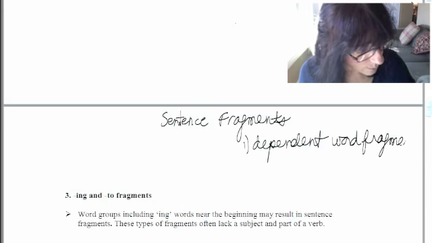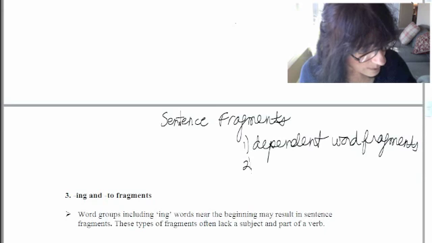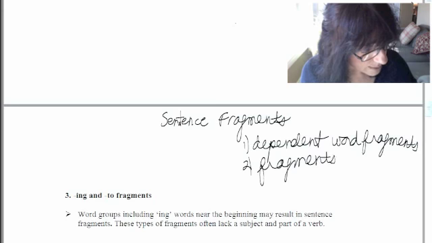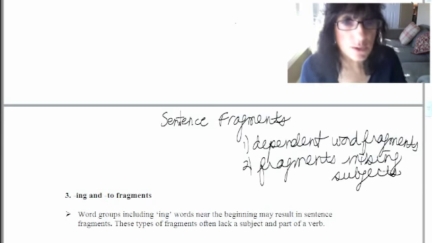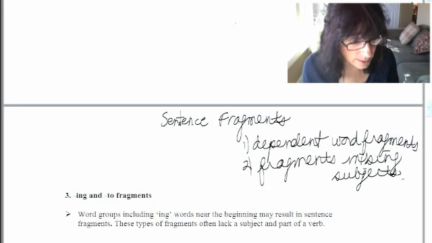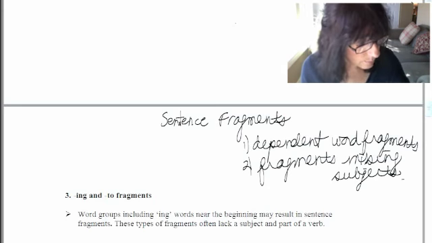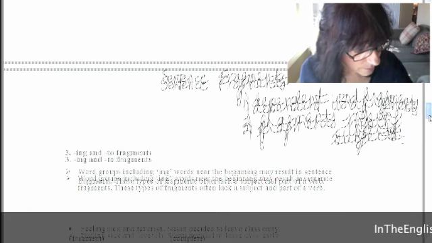And then the second one was called fragments that are missing subjects. So it's important that you understand these 2 types of fragment errors as well as the 2 new ones that I will be introducing in this video.